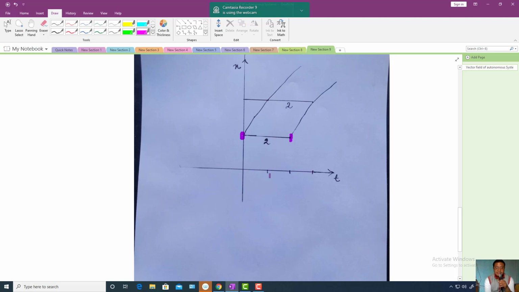So what is the difference? 3 minus 1, the difference is 2 units of time. Okay, so for an autonomous system, at this 1 unit of time, for the first solution curve, the corresponding point on the x-axis is given by this one.